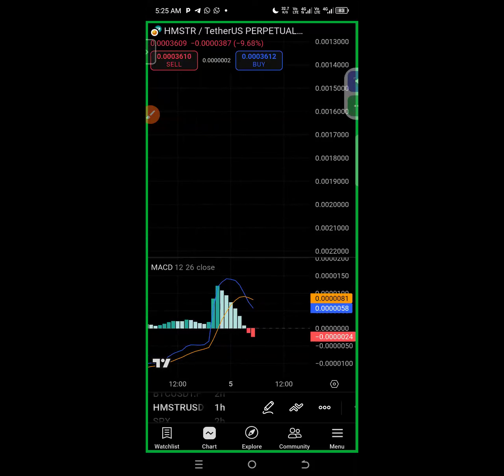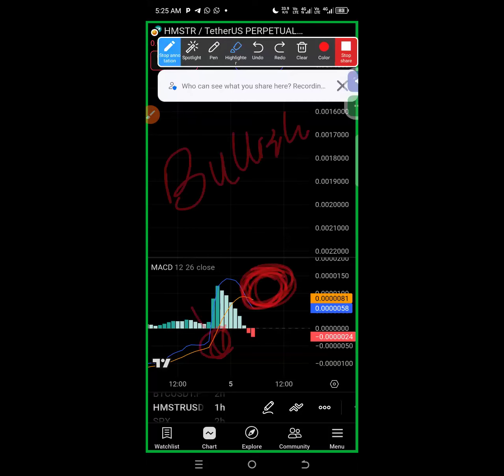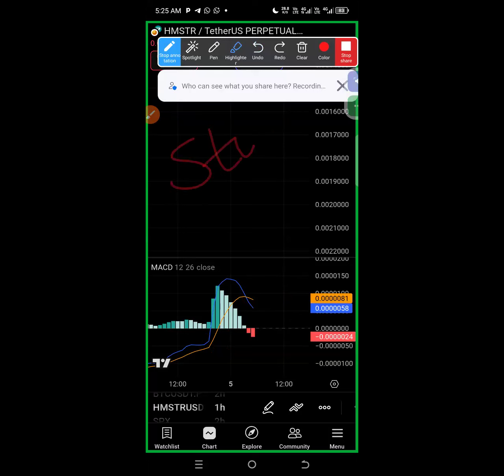So if the crossover happens above the zero line, let me clean this. If it crosses above the zero line, it gives the indication that the momentum is strong.